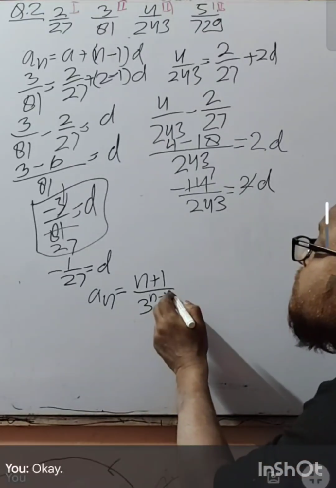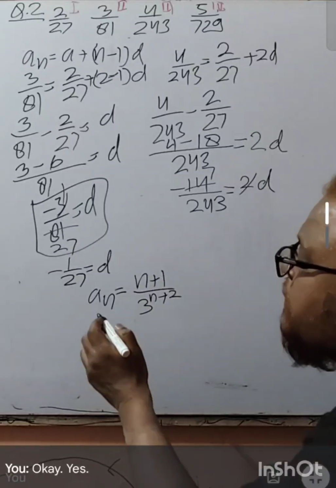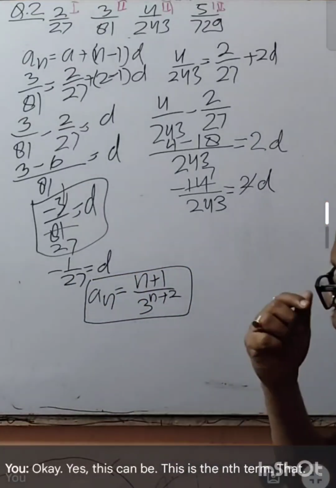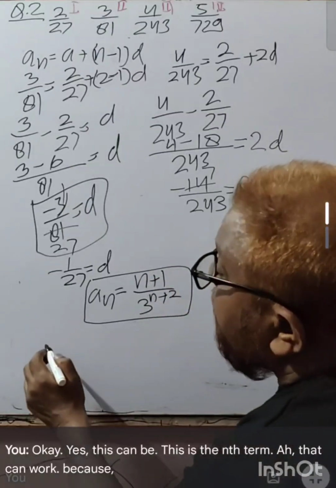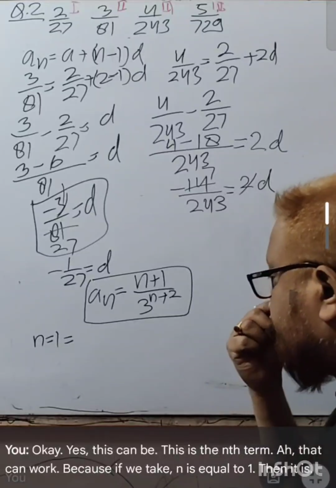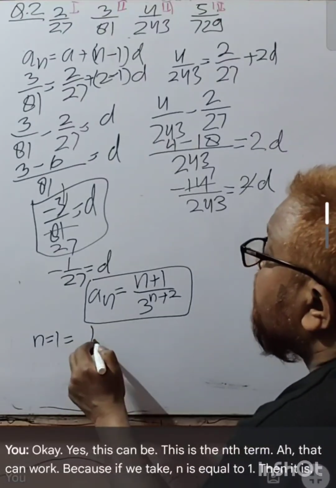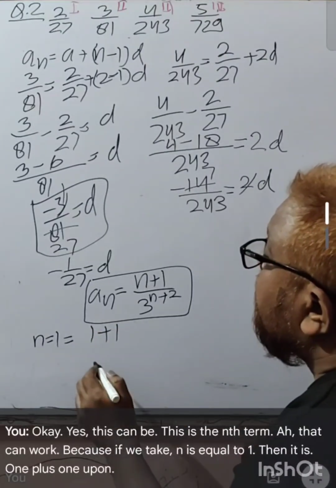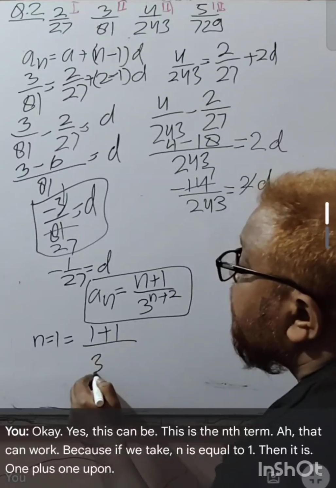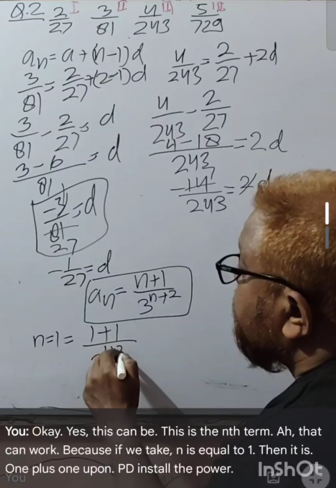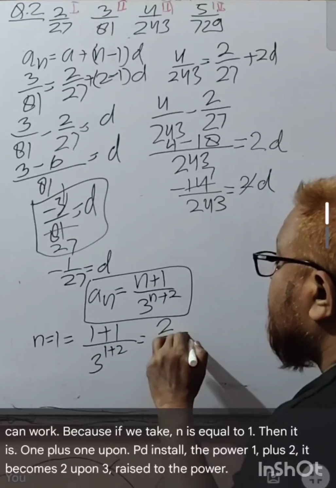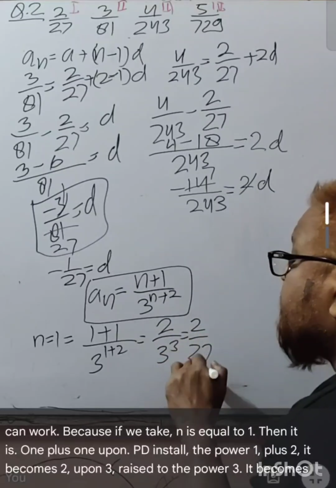Okay. Yes, this can be the nth term. That can work, because if we take n is equal to 1, then it is 1 plus 1 upon 3 raised to the power 1 plus 2. It becomes 2 upon 3 raised to the power 3. It becomes 2 upon 27.